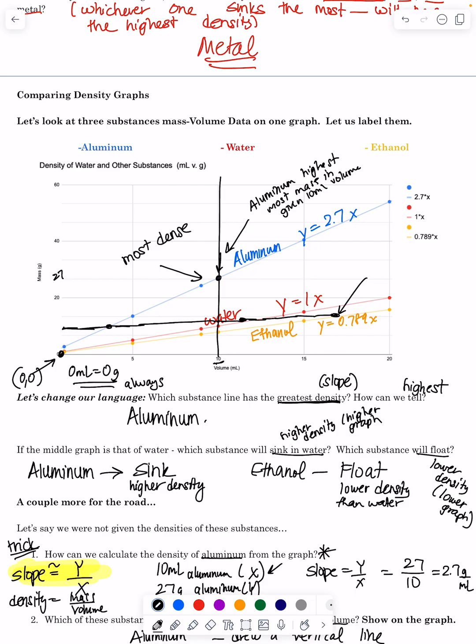Let's make that about 10 grams. It looks like I get the farthest volume for ethanol, which is about 16 or 17 milliliters. Whereas water would be about 10 milliliters, and aluminum would be a lot less than that, about 3 to 4 milliliters.